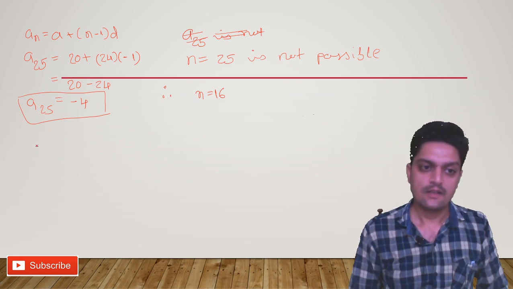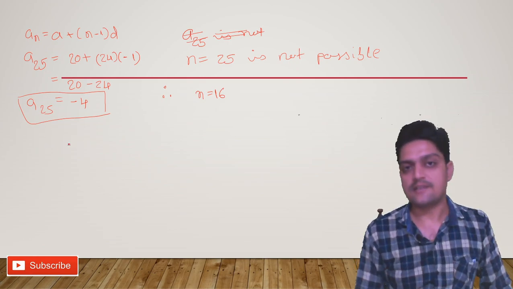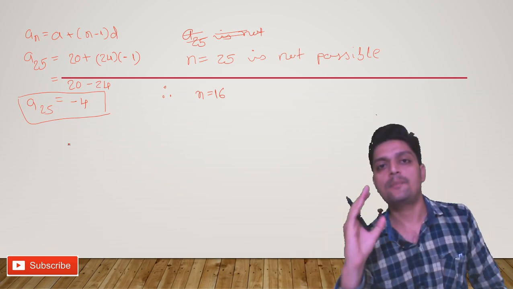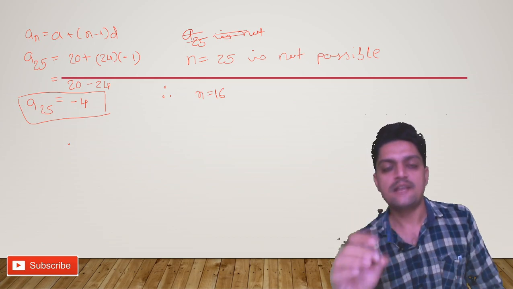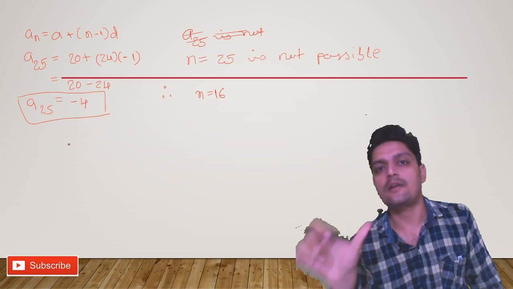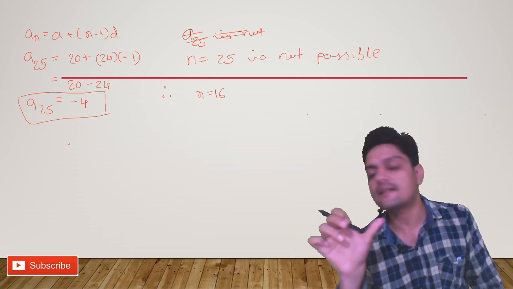The last answer, as I always say, if you are going for 90 marks, means 90 percent, 72 marks. If you don't write the last answer in statement form, your marks can be cut.